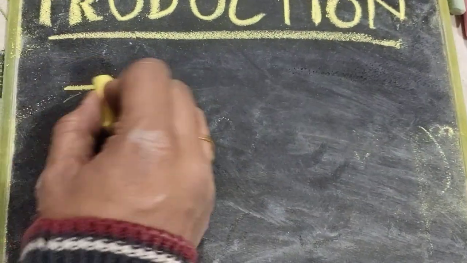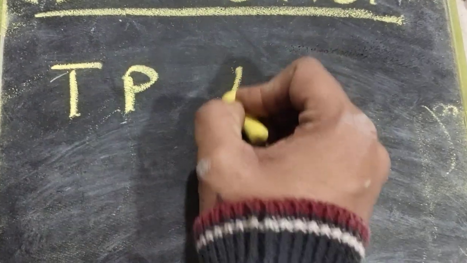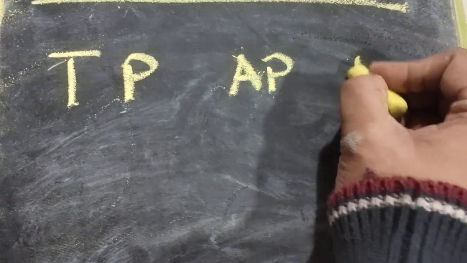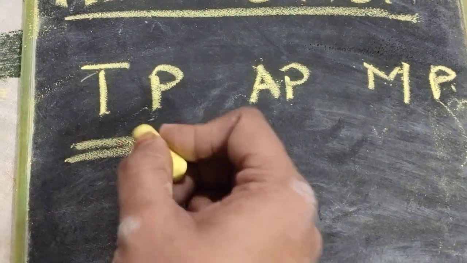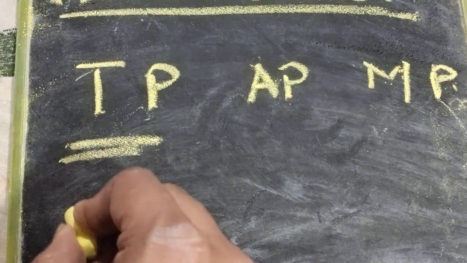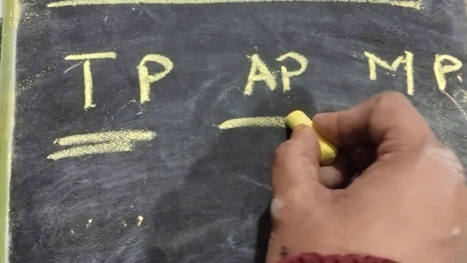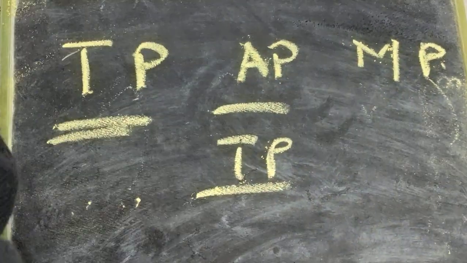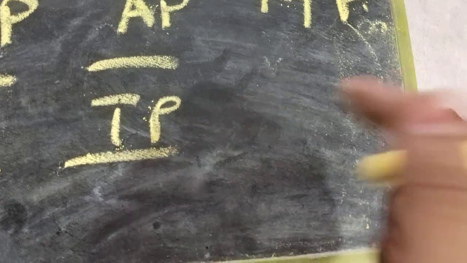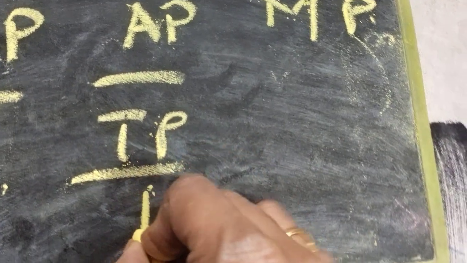Now in production, you will have three concepts: total product, average product, and marginal product. Total product is the total quantity of goods produced using a given input. Average product is the total product divided by the quantity of that factor used.